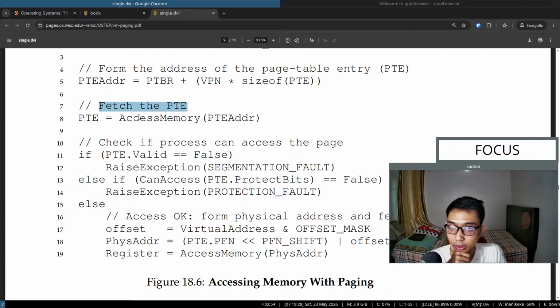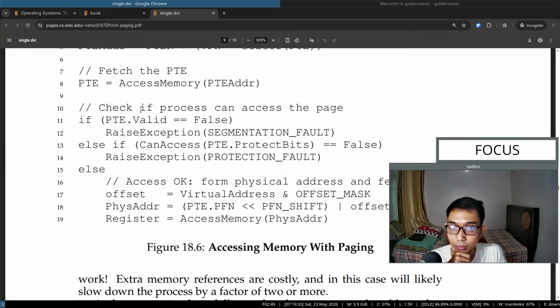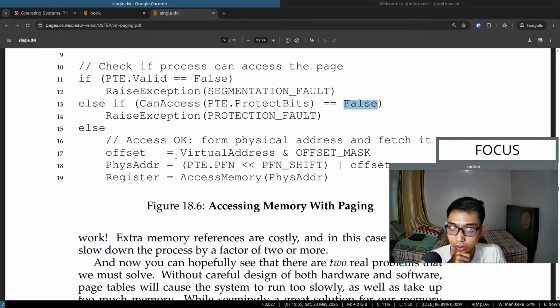Fetch the page table entry, access memory. Check if the process can access the page. If it cannot, segmentation fault, or protection fault.